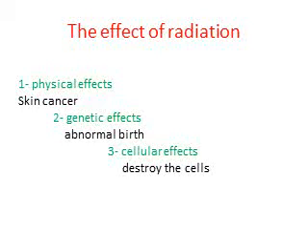It also has a genetic effect, as it can change the sex hormones composition, which results in abnormal birth. It also has cellular effects, as it can change the cell composition, which leads to destroying the whole cells. As if the chemical composition of hemoglobin changes, it becomes incapable of carrying oxygen.